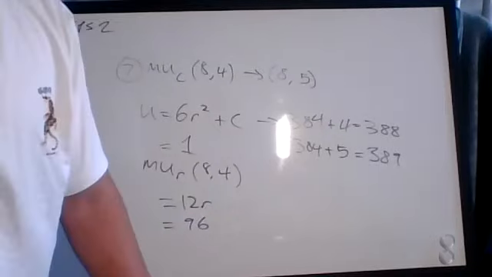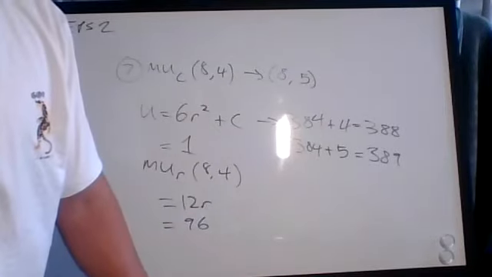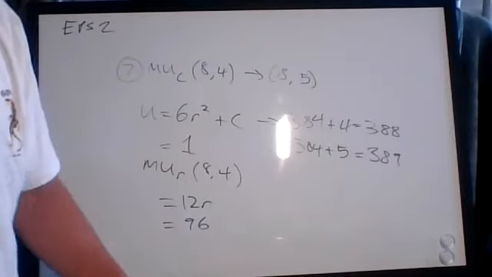If marginal utility describes the indifference curve, the ratio of marginal utilities describes the indifference curve. Right. So in this case, if we take the marginal utility of both of them, the ratio would be 12R over 1, so it's just 12R.